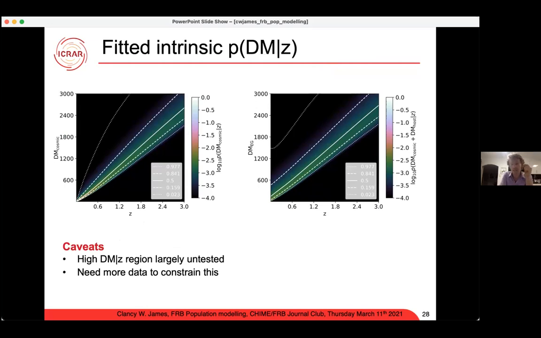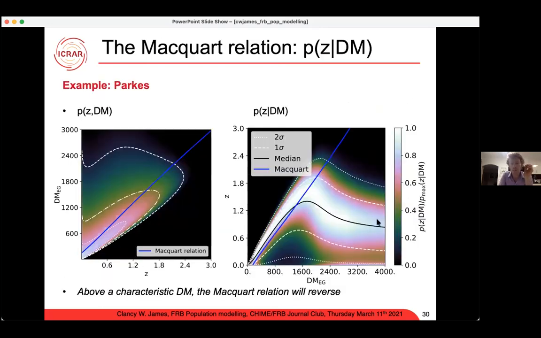Clearly this region up here, more than two, this 1 sigma thing, is not well directly probed. All our localizations sit below this line. So the form of the distribution up here is not well probed, what it looks like up here is still an open question, and the quantitative results are model dependent.